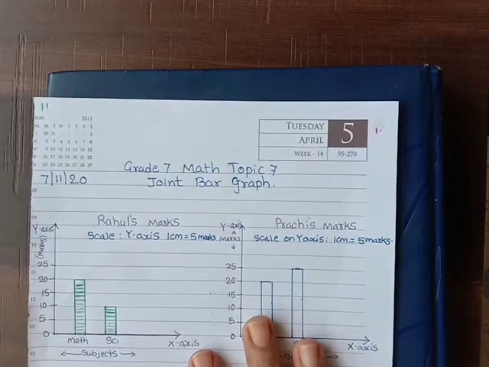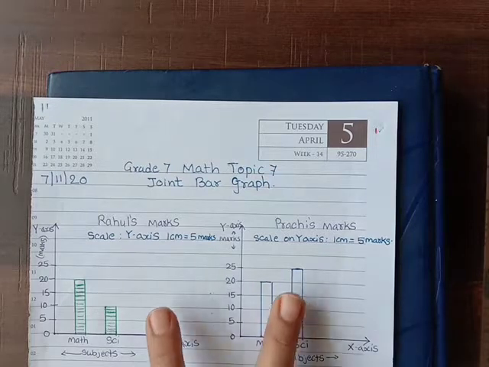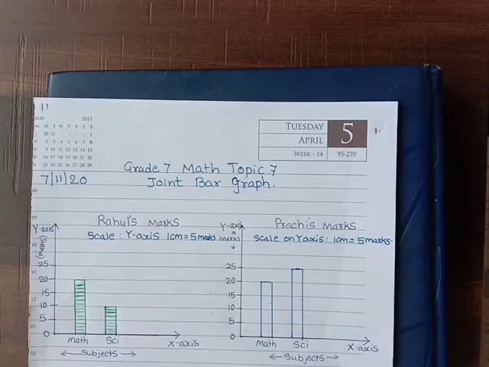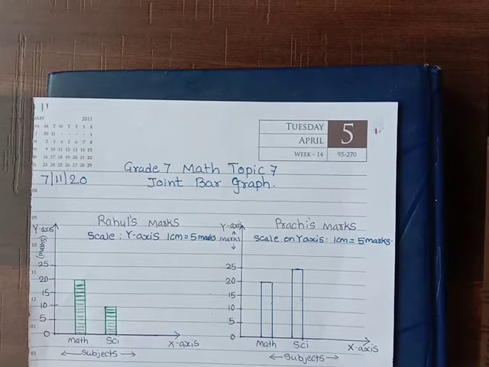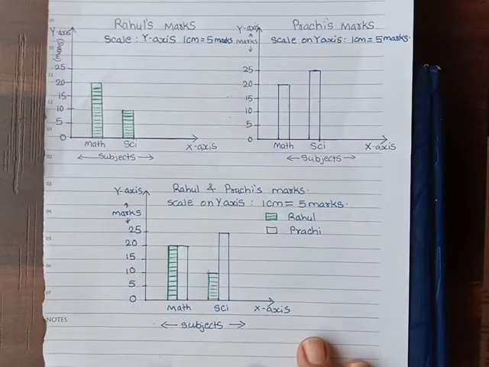Now I have drawn two separate graphs to show marks of Rahul and Prachi. What if I could show both the marks in one graph? Look at the graph which I have drawn below. Can you see this?